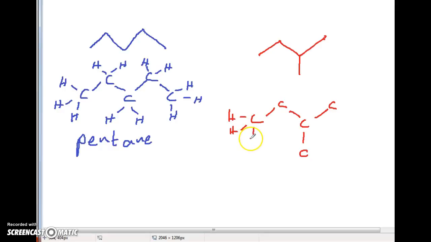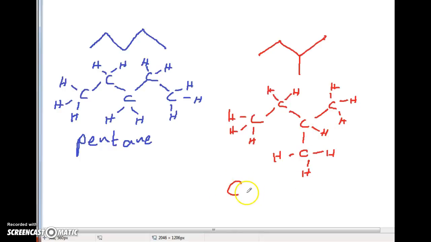We've got 3 hydrogens on here, 2 hydrogens on here, 3 hydrogens on this end, 3 hydrogens just here, and be careful just here. Now you've only got 3 bonds to this carbon at the moment, so that must have 1 extra hydrogen there.